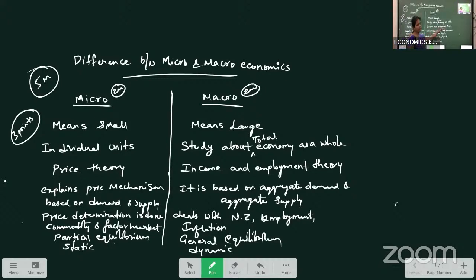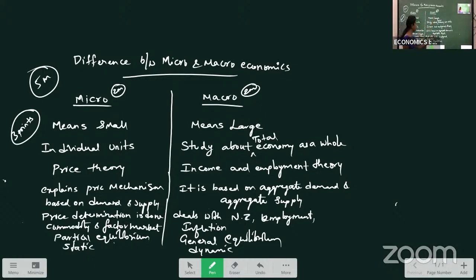That's why it is known as income and employment theory. Then this macroeconomics is based on aggregate demand and aggregate supply. Aggregate means what? Total. What is the total demand in the country and what is the total supply in the country? Depending on that, the study will be done by using macroeconomics.